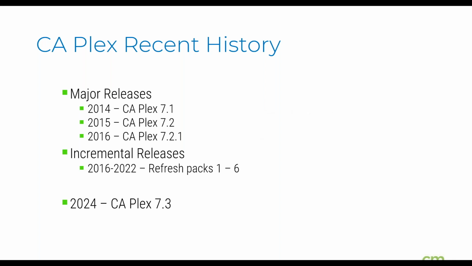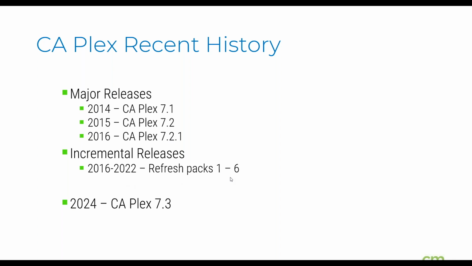So first, let's look at the recent history. Going back about 10 years, we used to get regular annual point releases. So in 2014, we had 7.1, and the last major release was 7.2.1 in 2016. But since then, we've had these refresh packs, and I've been getting those fairly regularly.